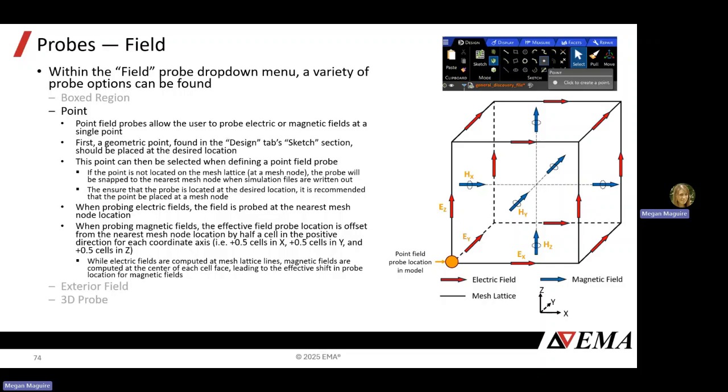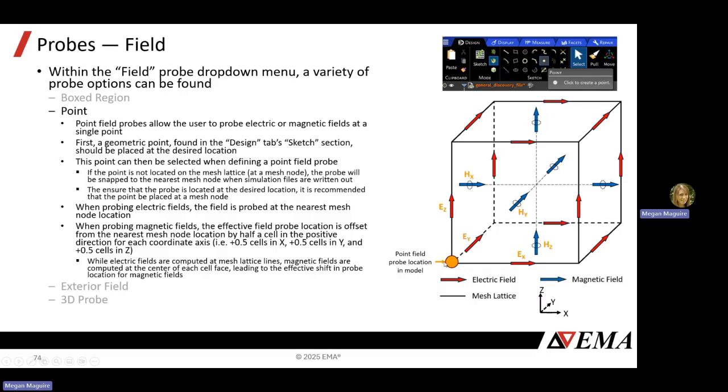For point field probes, you select a single point on the mesh, and if you don't apply it directly on your mesh lattices, it'll snap to the closest corner, essentially. What you should keep in mind is how the field vectors exist on that body cell. So let's say you put a point field probe at this corner of a body cell in your model. If you're probing electric fields, the components will be the electric fields on the lattice edges in the positive directions.